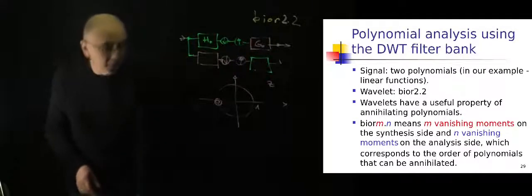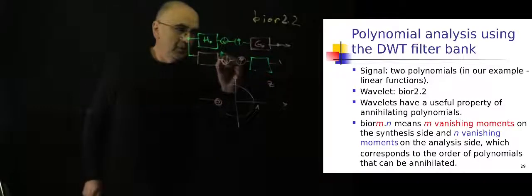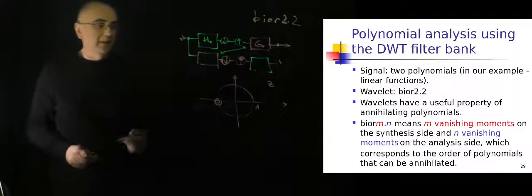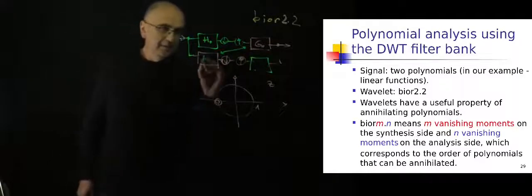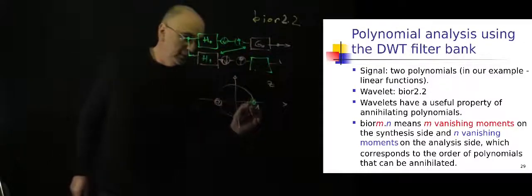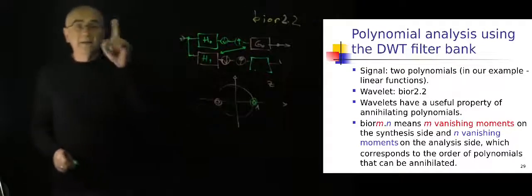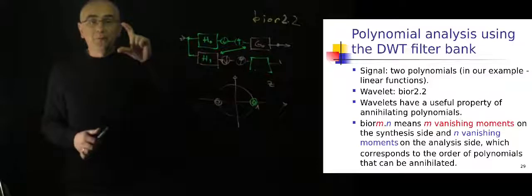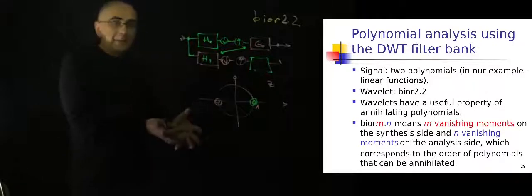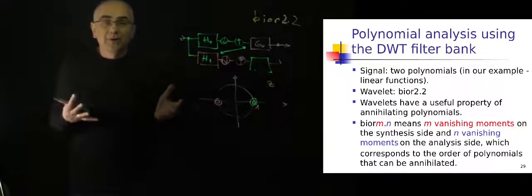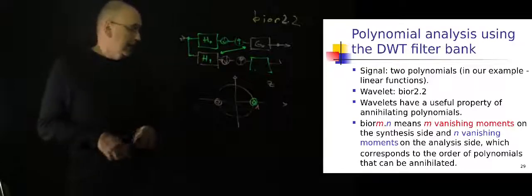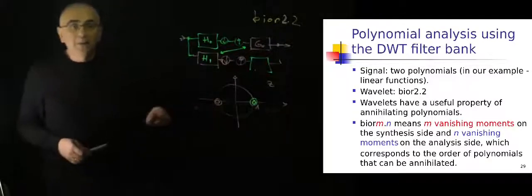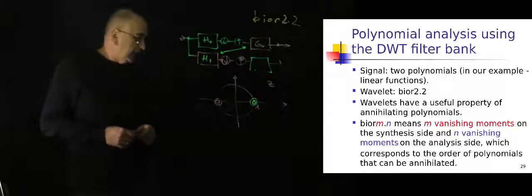Why? Because there is a secret connection between the two. So if this guy has 2 zeros right here, this guy is going to have 2 zeros right here. And that is an important fact for vanishing polynomials. So that's why we call it a vanishing moment, but we will come to that fact later.